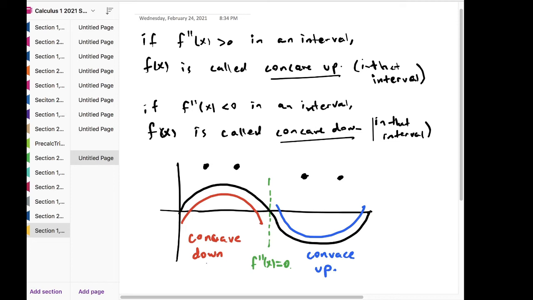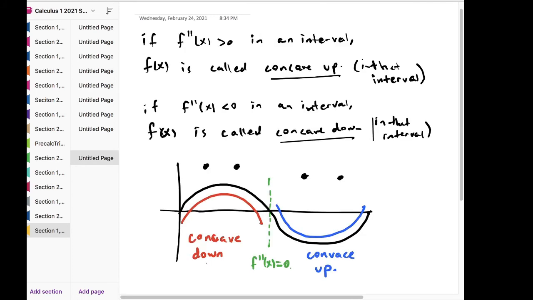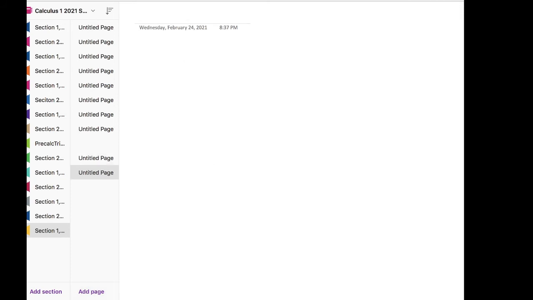We'll touch more on the second derivative later, but I think it's a good introduction. Okay, now we have a good understanding about how to graph these things. So let's go back to some more derivative rules.